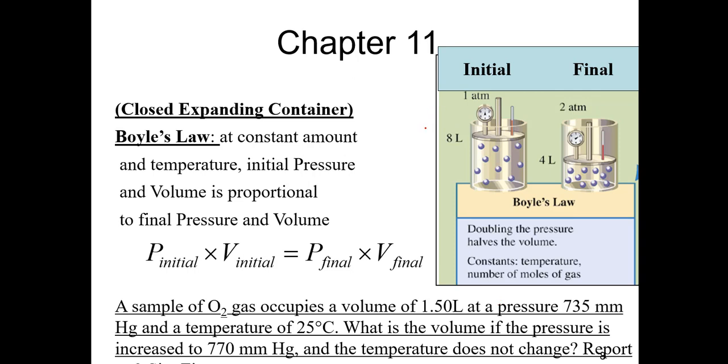Now we're going to get into gas laws dealing with a closed expanding container. So let's go ahead and take a look at this container. To use an analogy, we're probably all going to experience this closed expanding container at some point in the next year.